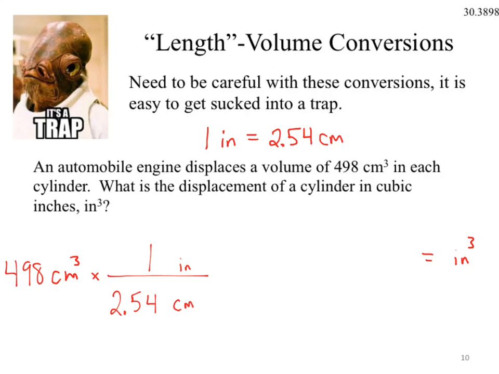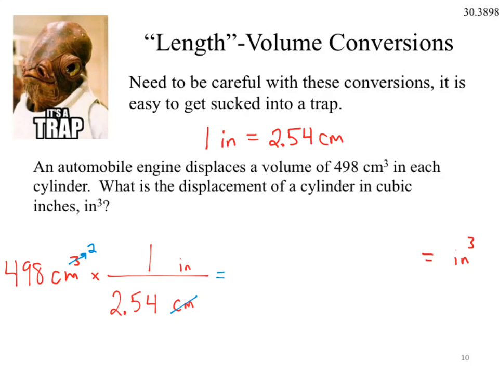So let's evaluate what this single calculation means. Say we entered this into the calculator as is. We take the 498 and we divide it by the 2.54, which is some number that I don't know. But what happens to our units? 1 centimeter cancels with 1 centimeter, and this becomes a 2.